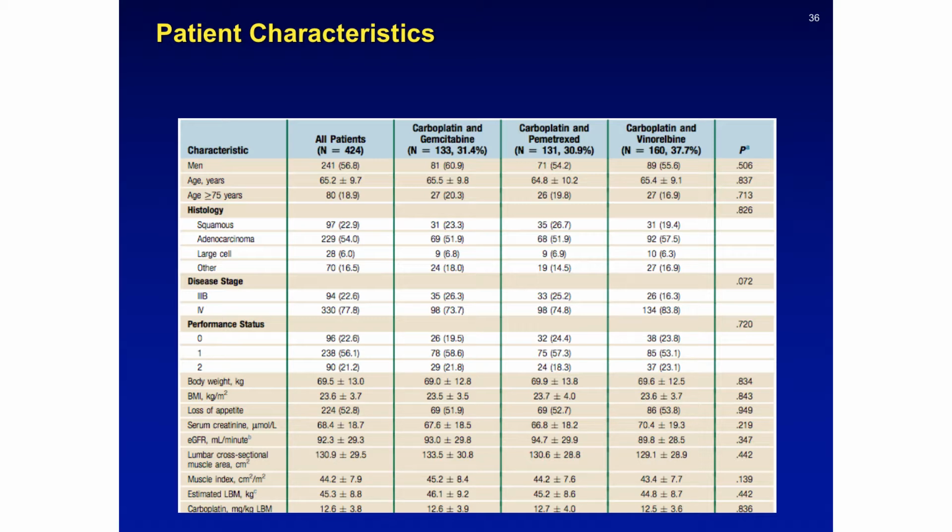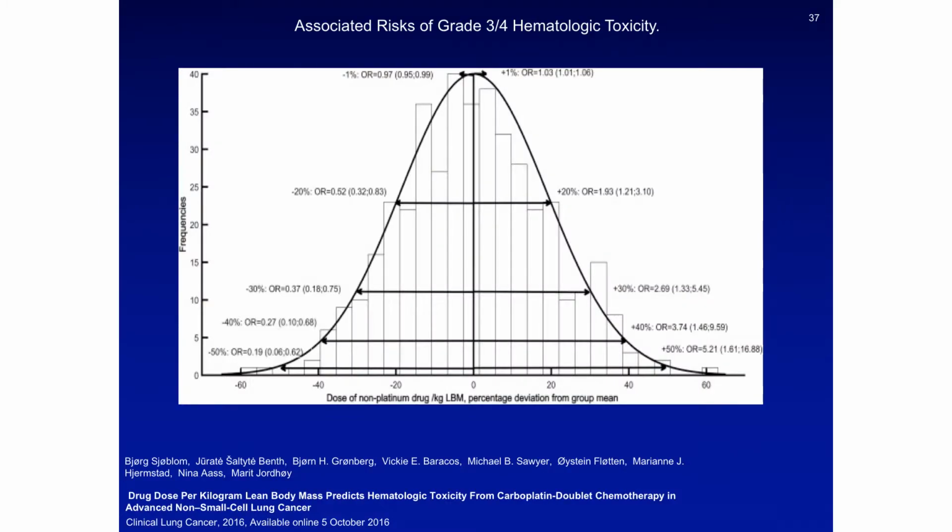There were no significant differences in performance status, age, etc. We did find, though, to no surprise, that the dose of the non-platinum drug normalized to the average very much predicted the toxicities, and that every 1% increase from the average, up or down, increased the risk of hematological toxicities by 3%, such that a 20% increase above the average basically doubled your risk, and up to a 40% almost quadrupled it.